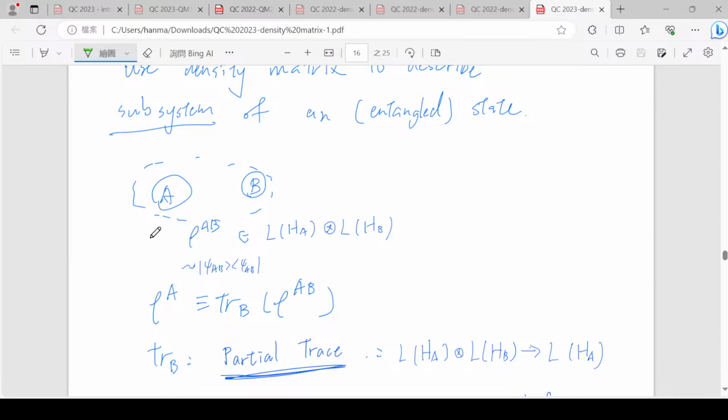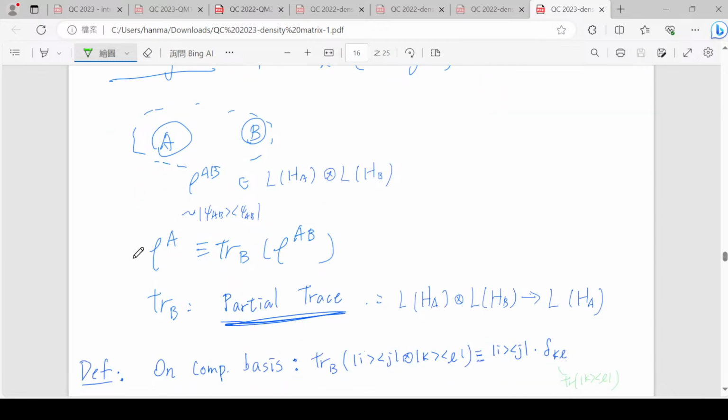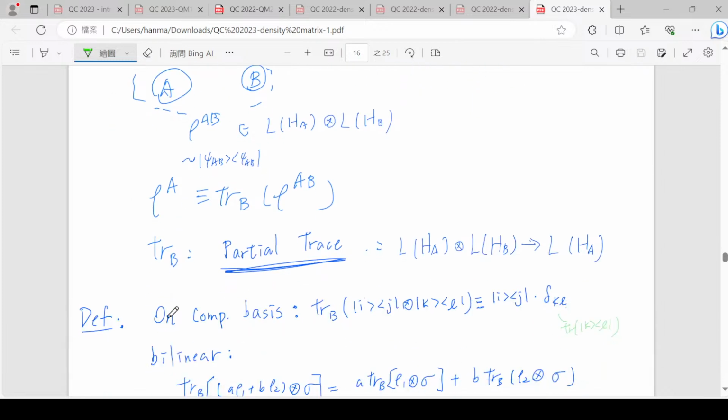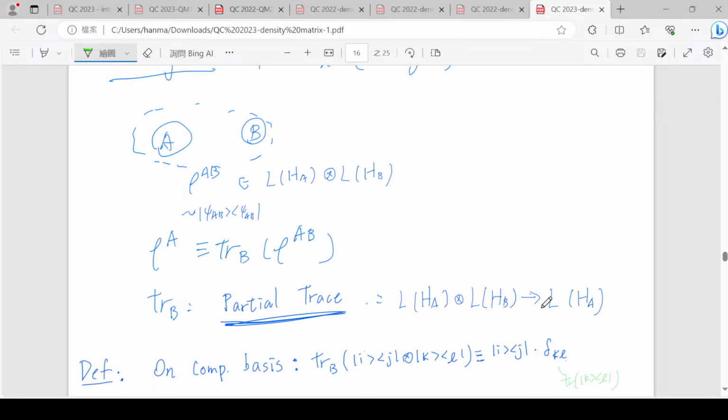But if it's a pure state, then it's just |psi_AB><psi_AB|, and we can calculate the state A is in by calculating the reduced density matrix of A. We write this as rho A, defined as the trace over B of rho AB. The trace over B is the partial trace operation, which takes a density matrix rho AB to a density matrix rho A.